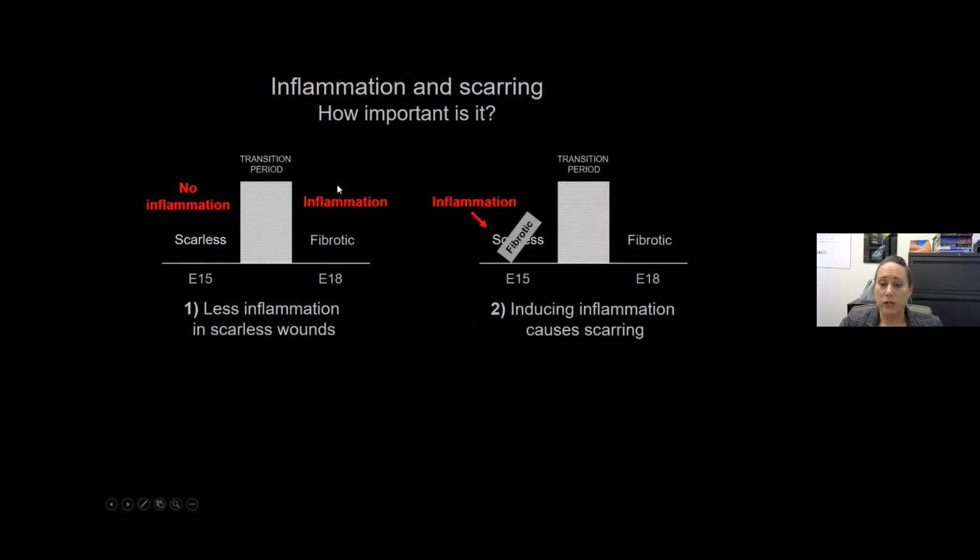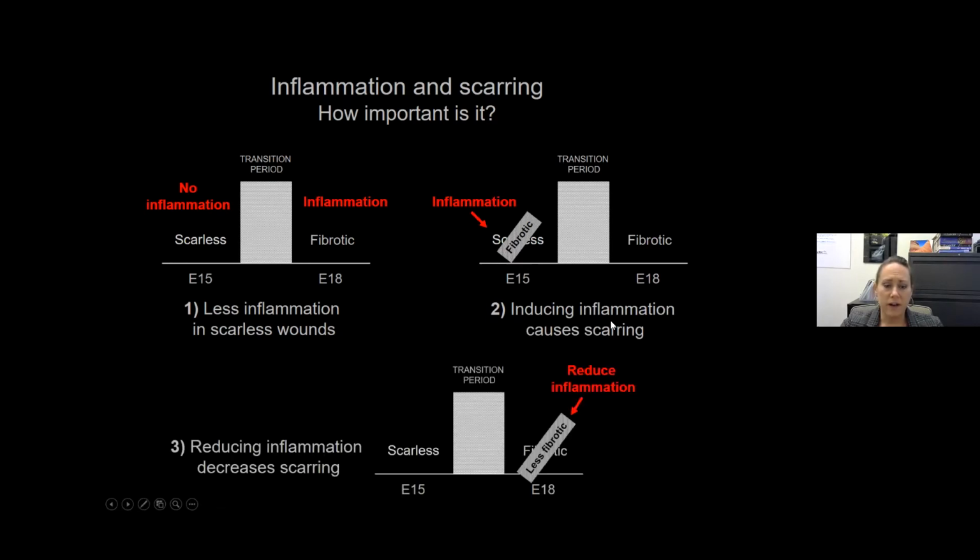Secondly, we know that if you artificially induce inflammation in the scarless early gestation wounds that would typically heal scarlessly, they tend to heal with the typical fibrotic scar formation response.